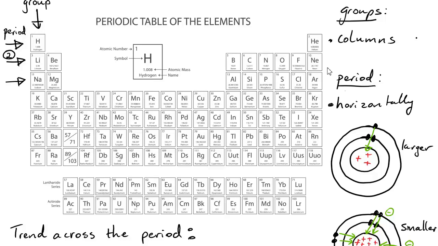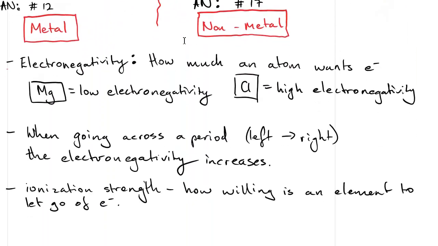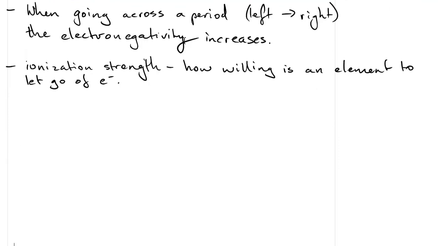Let's have a look at that. It's very important to understand how the periodic table is organized and how it affects the atoms, because from this you can begin to appreciate the trends, and they make a bit more sense, hopefully. So down the group.